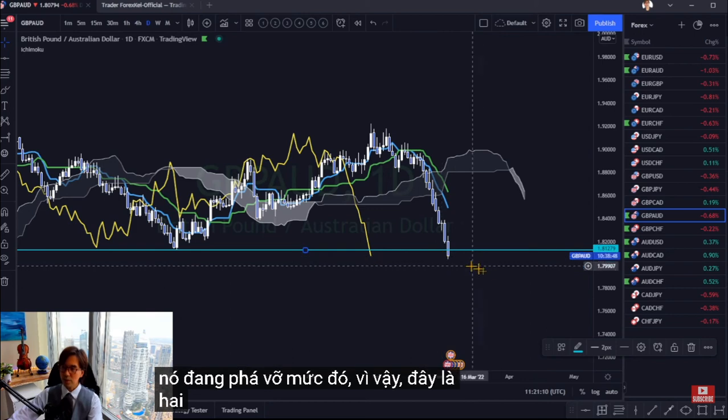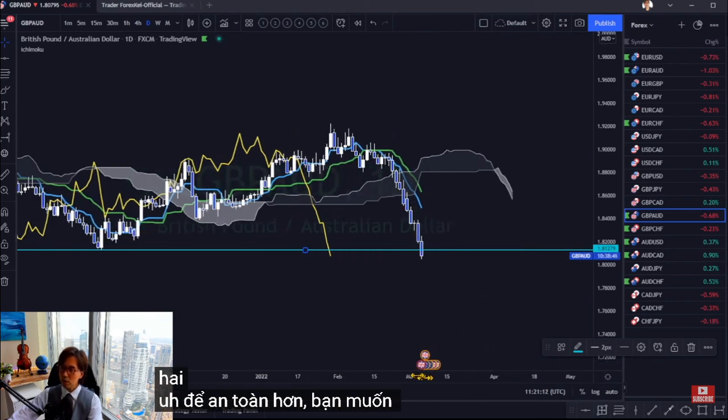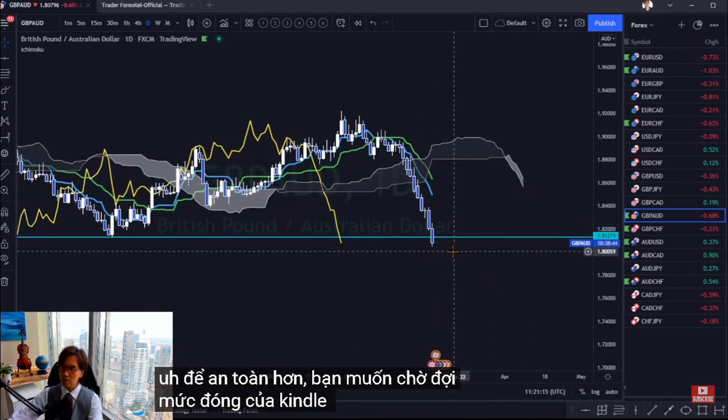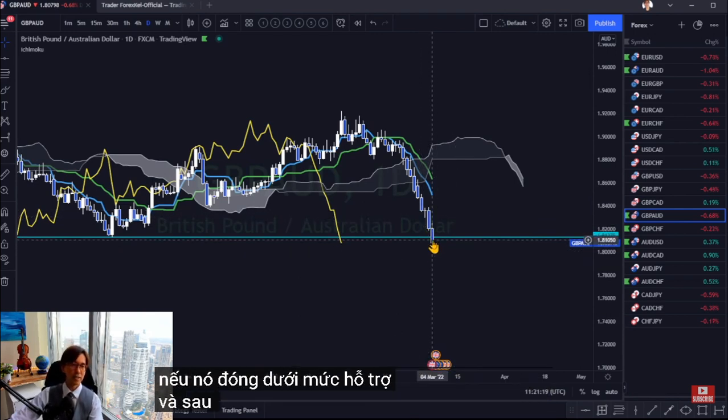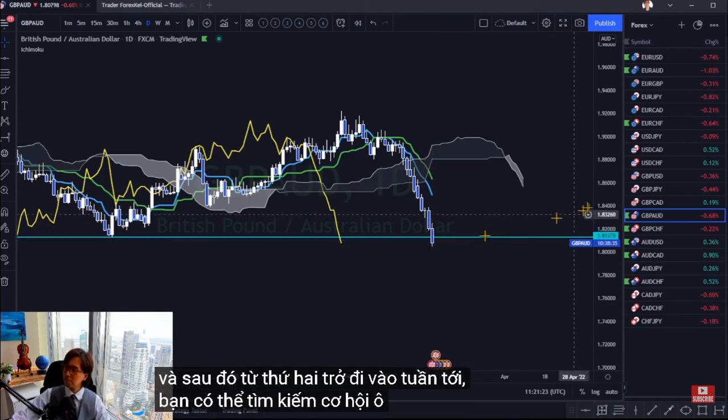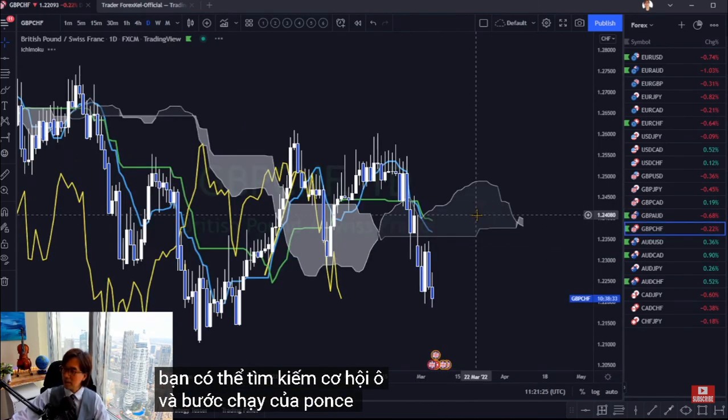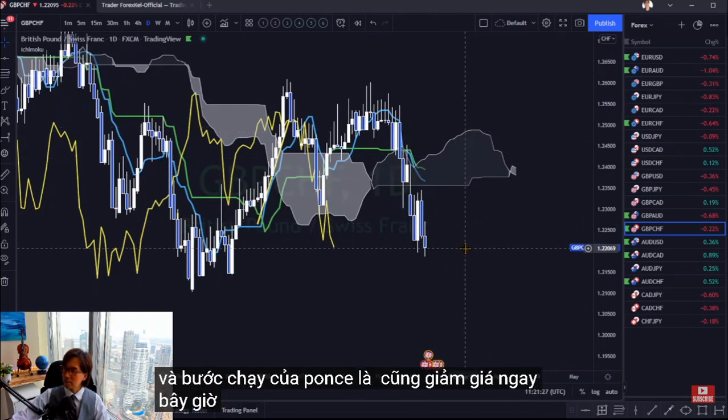So here too, to be safer, you want to wait for the candle close in the daily chart. And if it closes below the support, then from Monday onwards next week, you can look for the sell chance. And pound Swiss franc is also bearish right now.